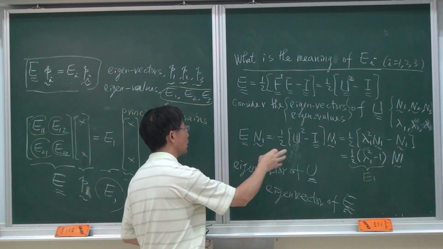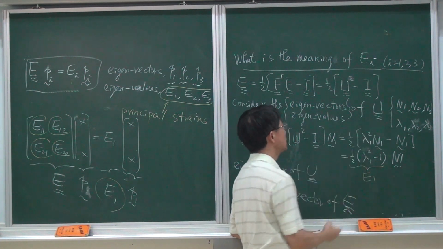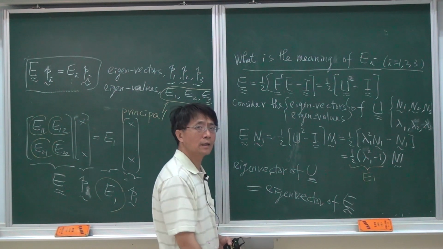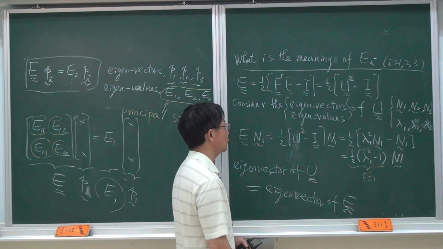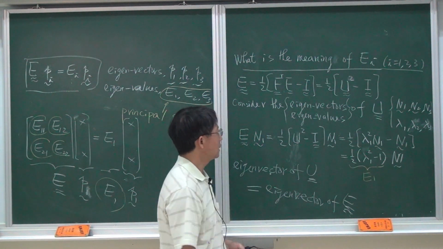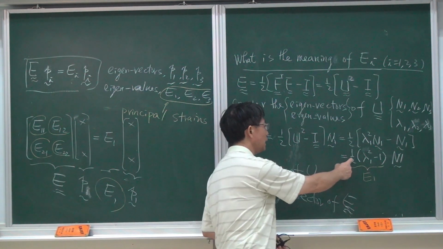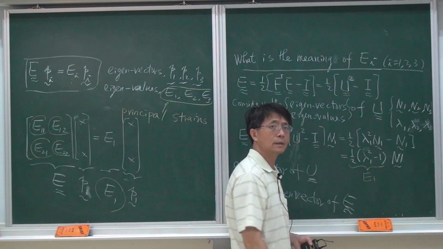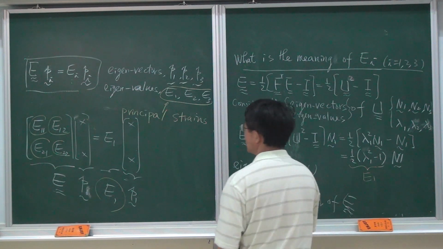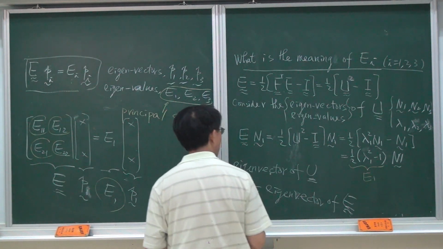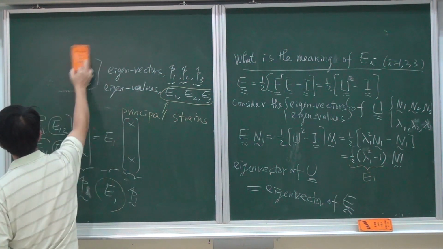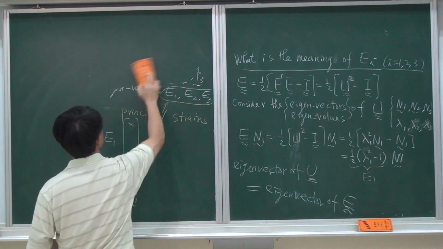Okay, the eigenvectors of U are just the eigenvectors of E. And the relation between the eigenvalues is written here. Okay, E1 equals 1/2 (lambda 1 square minus 1). Understand? This is a very important expression to use. Let me continue.